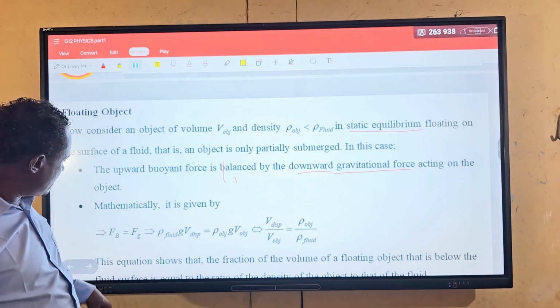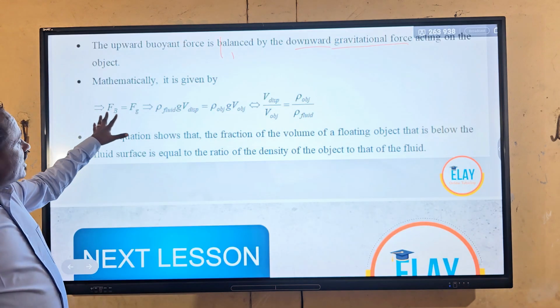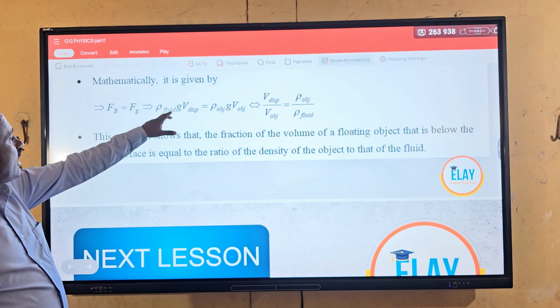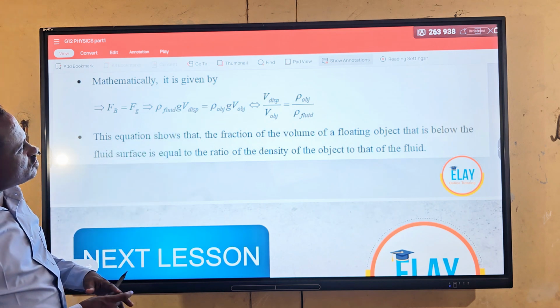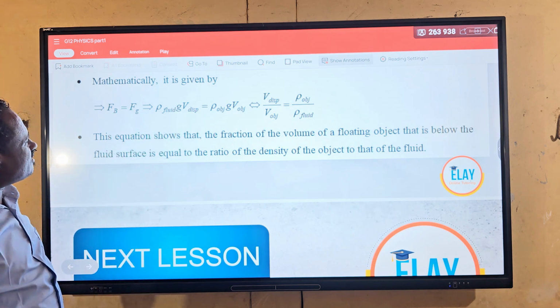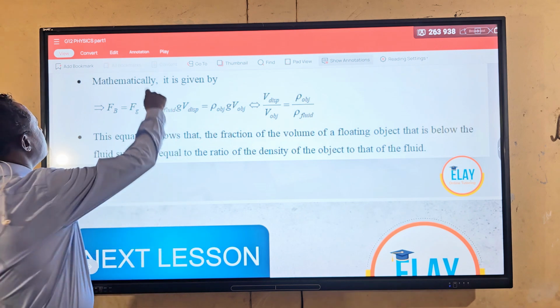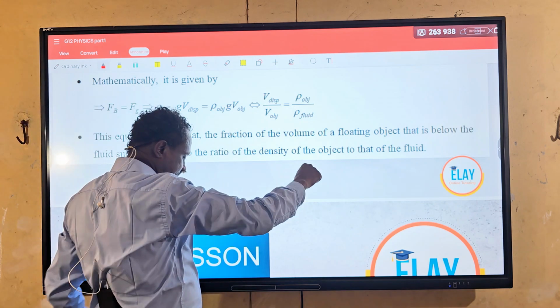You can substitute the mathematical expression for the buoyant force and equate these equations.